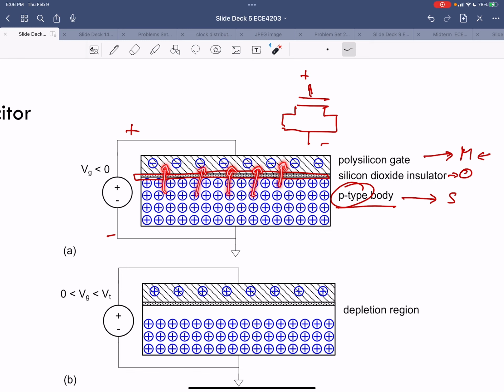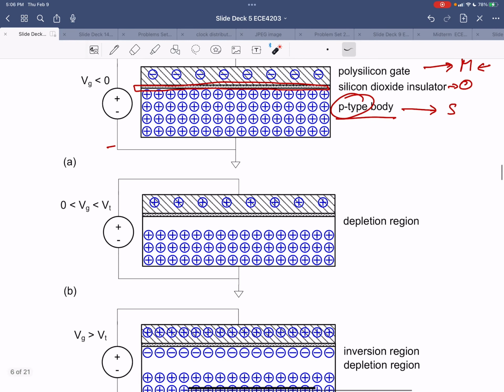So you have negative charges here, positive charges here, and the positive charges are coming all the way to the gate. That's when the gate is at a lower voltage than the substrate.